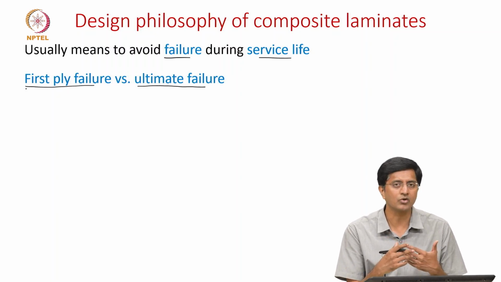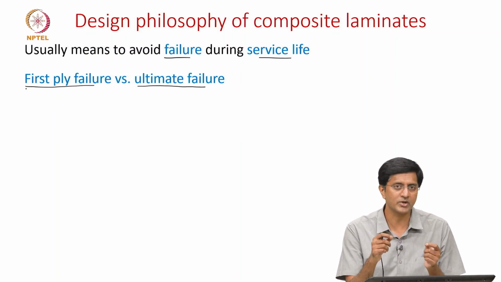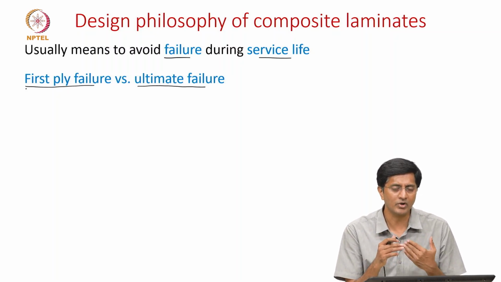So it is not always true that one should go with the first ply failure, because the difference between the first ply failure load and the ultimate failure load is sometimes much higher. So one should adopt strategies which can go beyond the first ply failure.